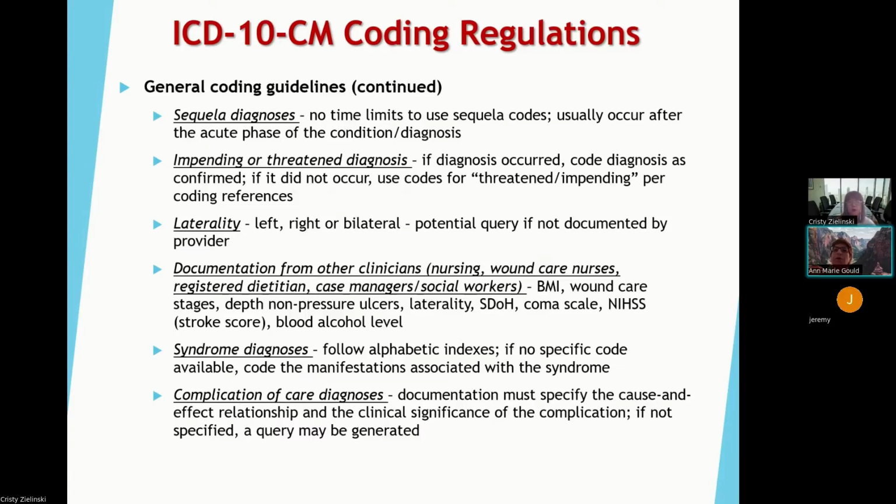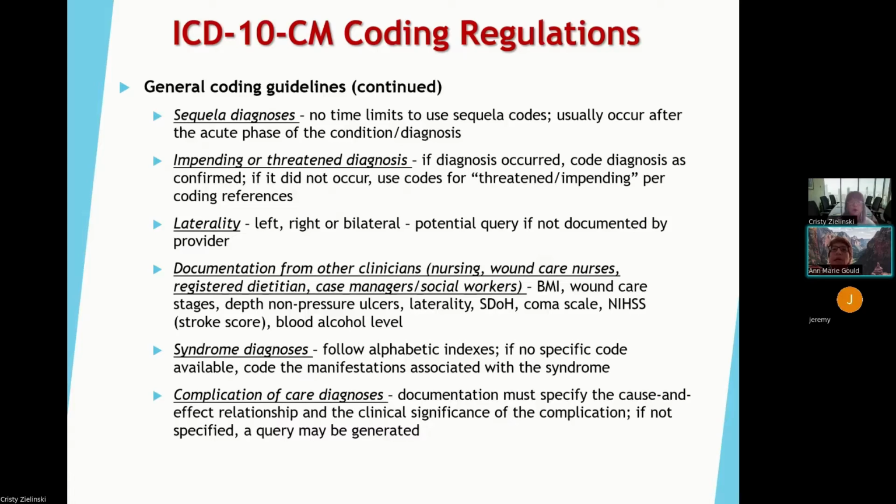An acute CVA with right hemiparesis, right? The right hemiparesis never goes away from their old stroke. So now you have that. You can use that code as a secondary diagnosis. And probably they're getting some type of PT or they're getting assistance, so it can be captured for treatment as well as a secondary.